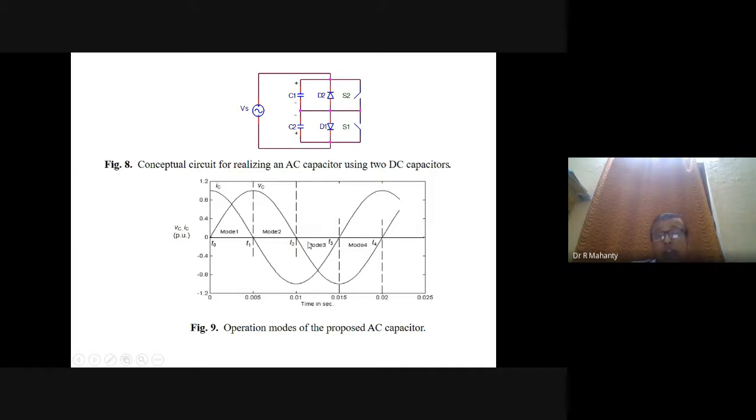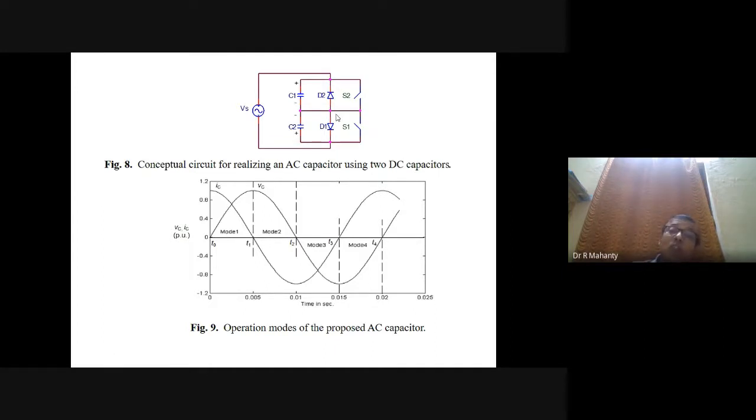And in the beginning of mode 3, C2 and D2 start conducting, and the capacitor voltage goes to the negative side, where it becomes equal to minus Vs. When this becomes equal to minus Vs, you turn on S2 to discharge this capacitor voltage, and at the end of this mode, that is at T4, this capacitor C2 is completely discharged.